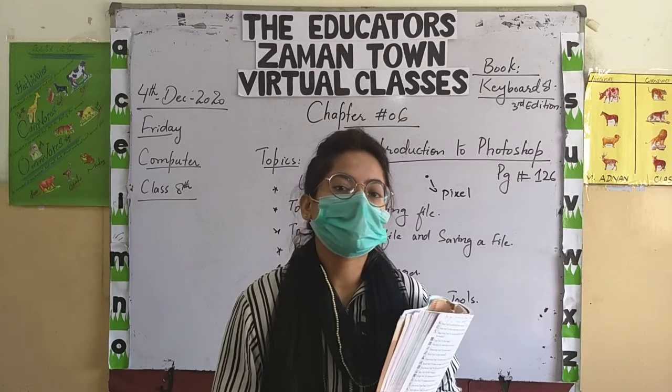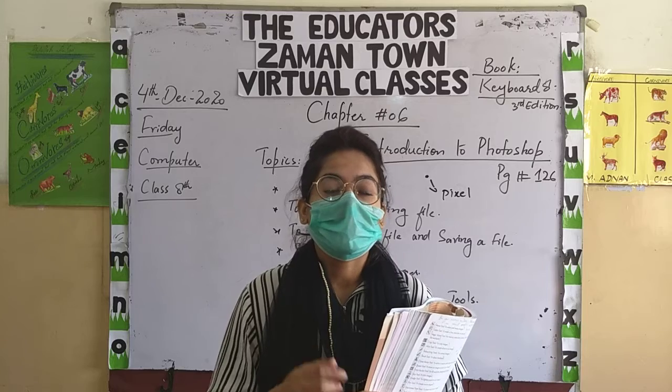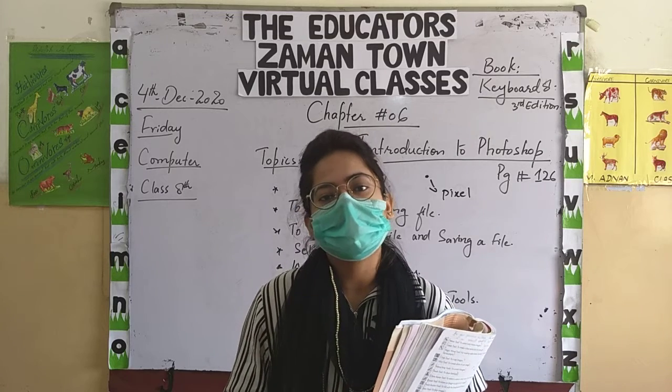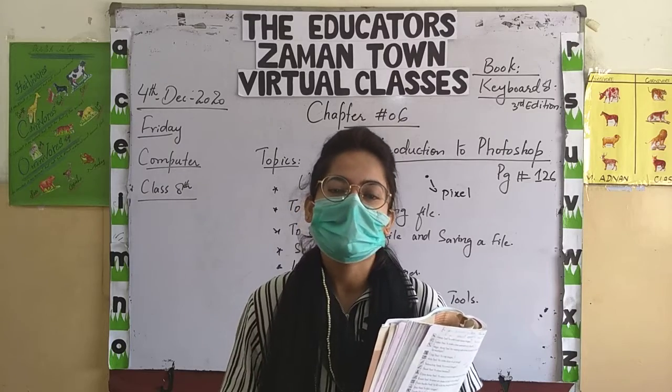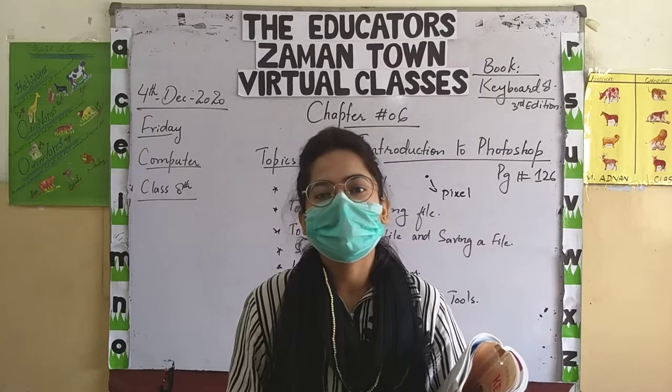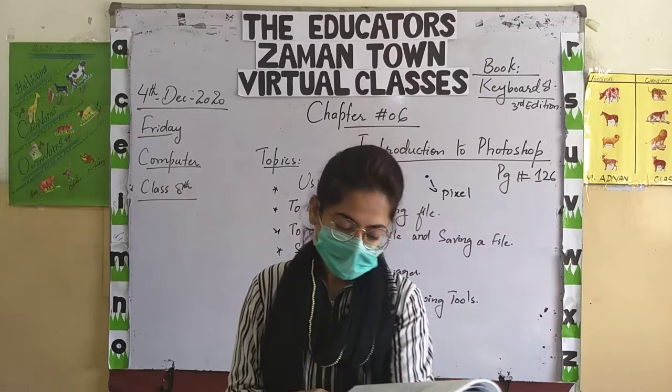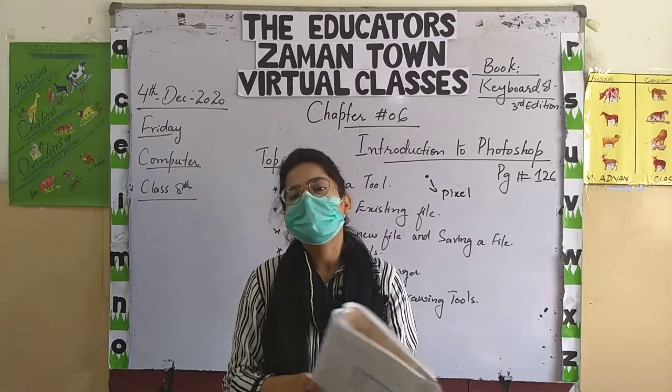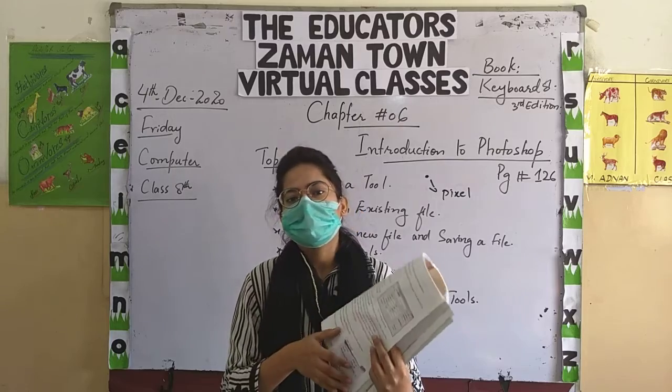So you are saving that file again to another location with a different name. So this is the difference between save and save as. Means you will use the save as button. So save is used for a new file and save as is used for a previous one. And this option is also available in the file tab, as I told you in the beginning.